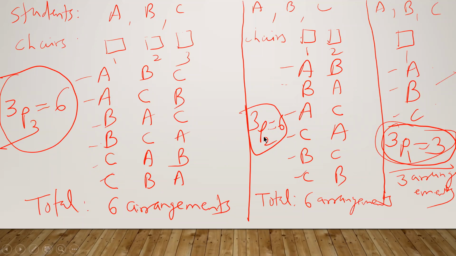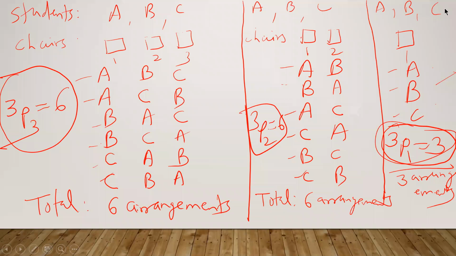So in the bottom, what we are writing is how many we are taking out of the total. Okay. So here we were taking out of 3, we were taking 2 and arranging them. So that is written as 3P2. And we have figured it out that the number of arrangements of 3 students taking 2 at a time comes out to be 6. 6 different arrangements were possible.